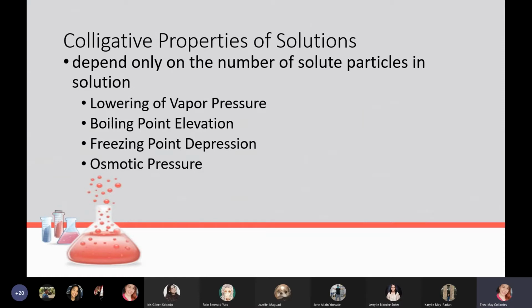The vaporization of those solvents causes the buildup of vapor pressure.